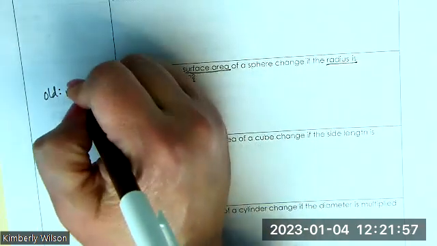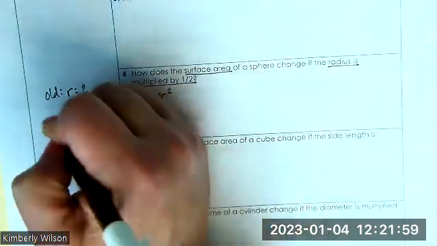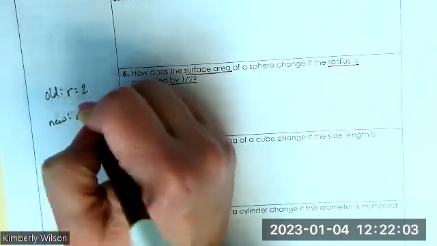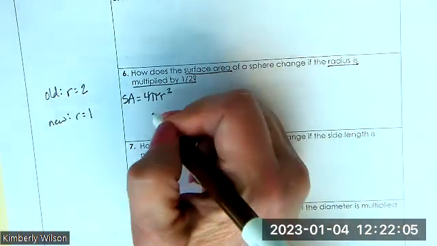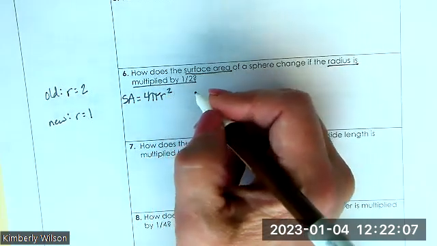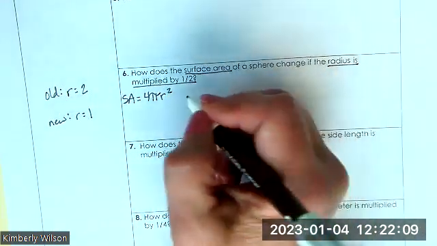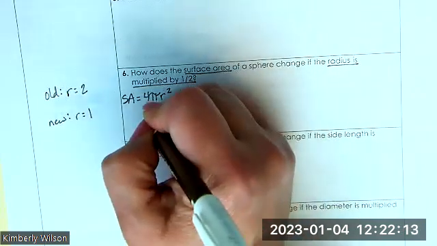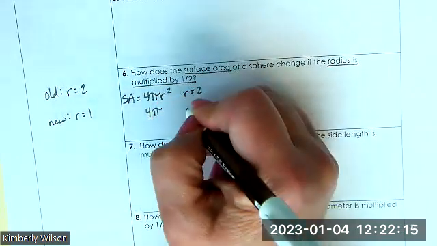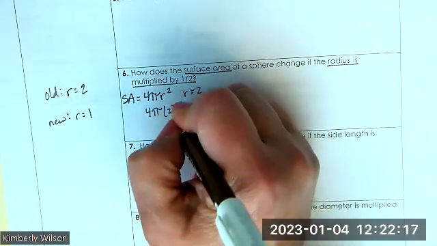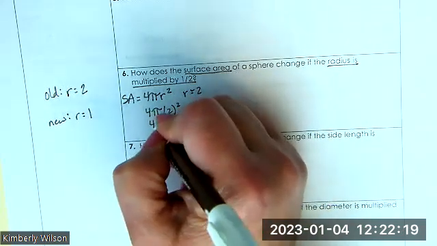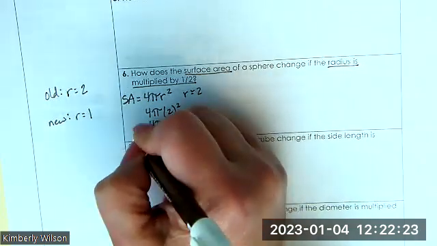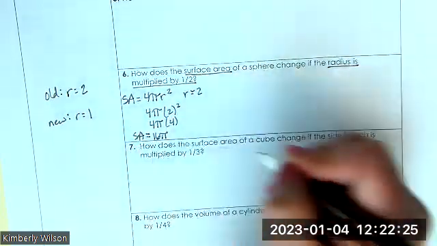Let's make the radius 2 for the old, and for the new, we'll make the radius equal 1. So therefore, when I figure this out, my radius is equal to 2 here. That's 4 pi 2 squared, which is 4 pi times 4, which gives me 16 pi as the surface area.